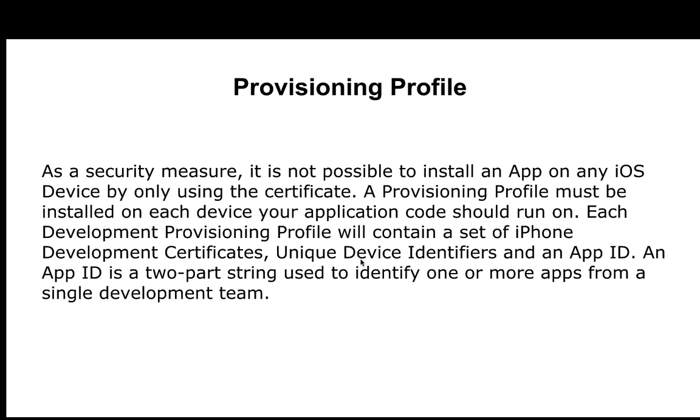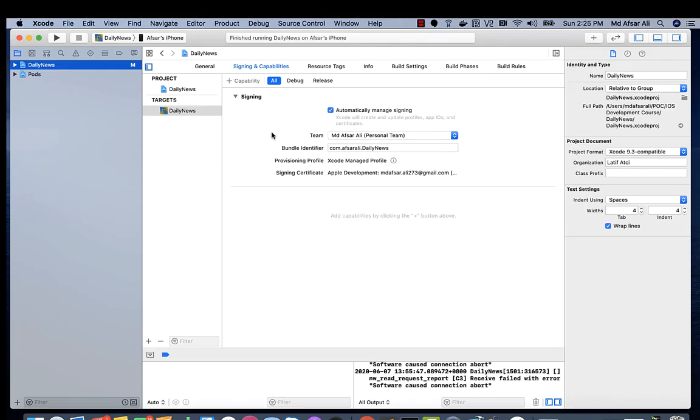Okay, so let's see how we can run a particular app on a real device. You can see this is my Xcode I just launched, and I created one app called Daily News. In this app, you can get daily news information. All right, so I am going to run this app on my real device.